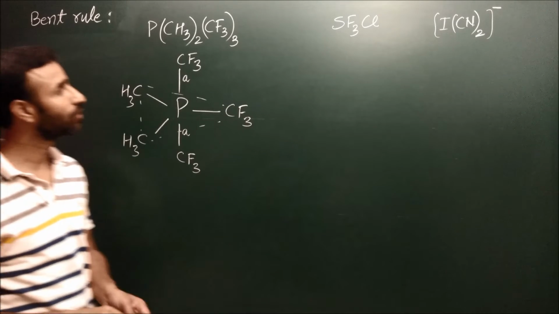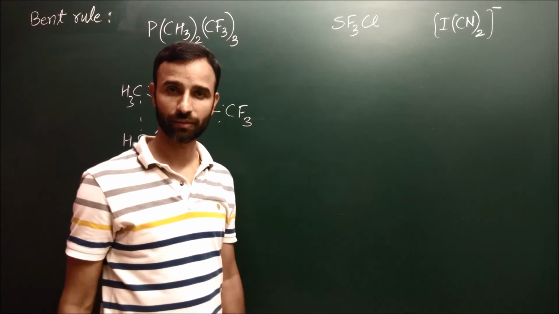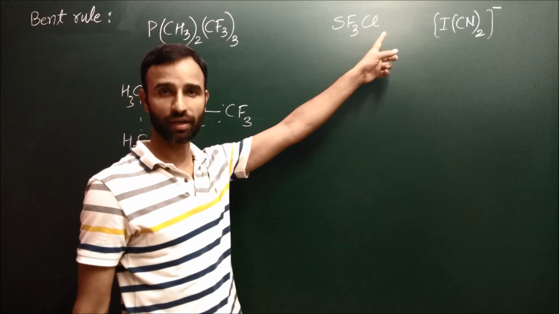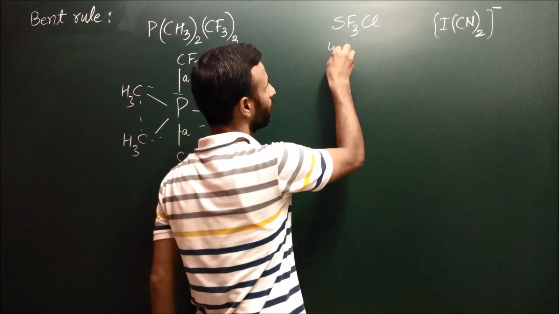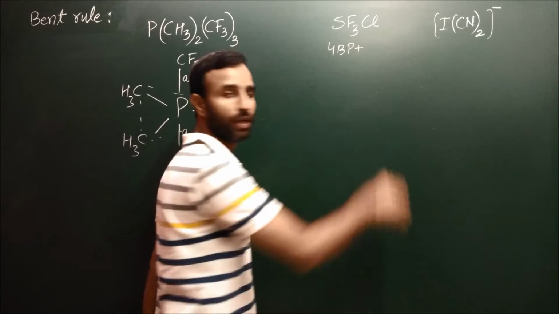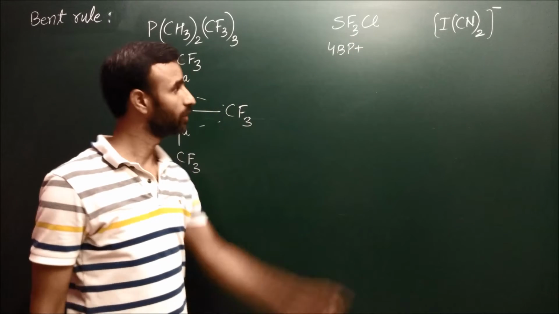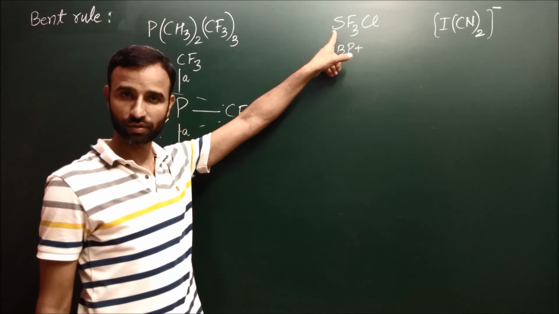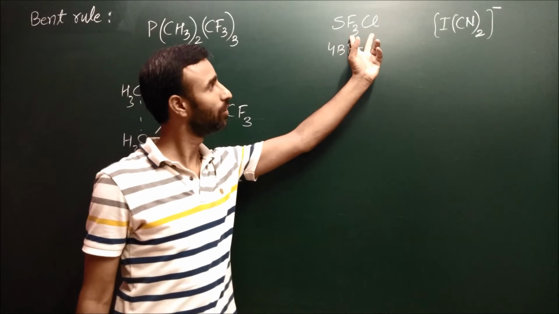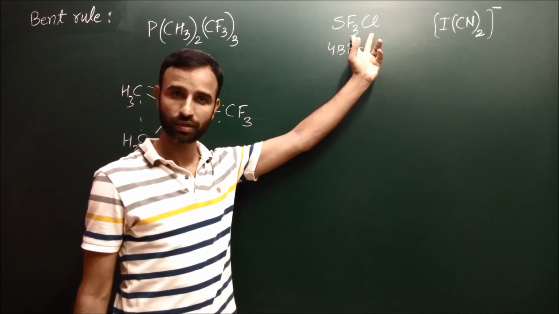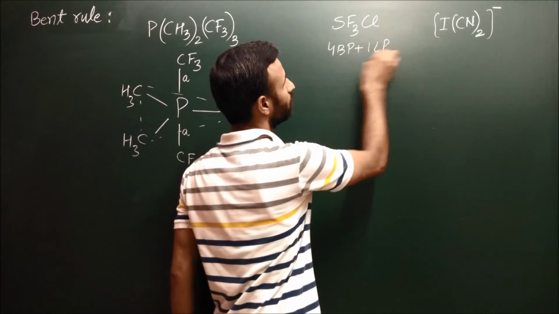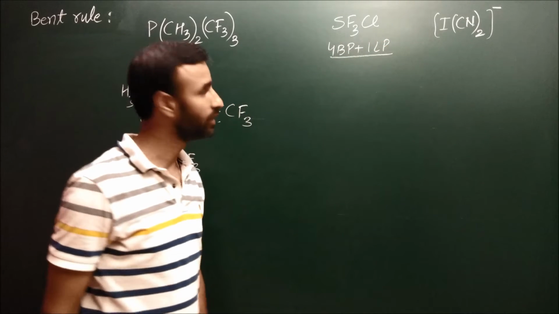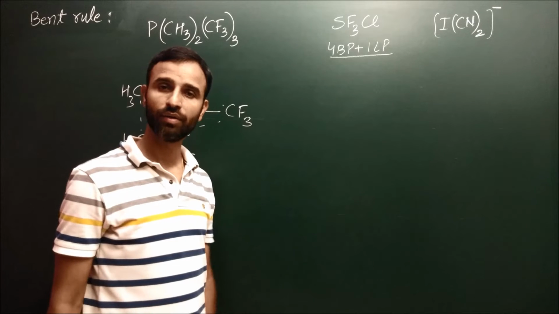Right? Now come to SF3Cl. In SF3Cl, there are 4 bond pairs. And how many lone pairs? Sulfur has 6 electrons. Out of 6, 4 are used. So how many left? 2, means 1 lone pair. Total 5. Arrangement is trigonal bipyramidal.